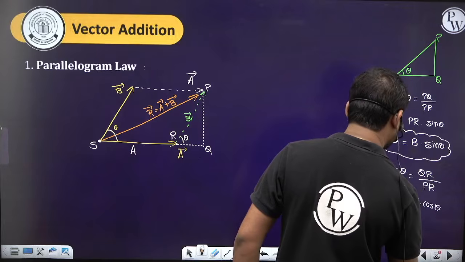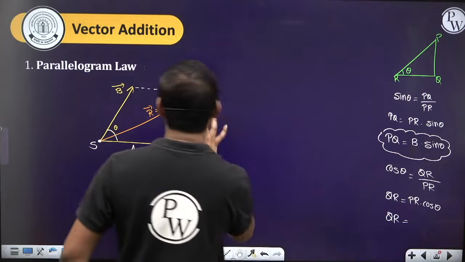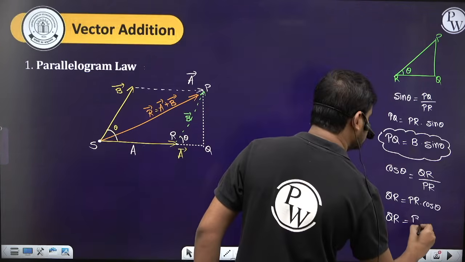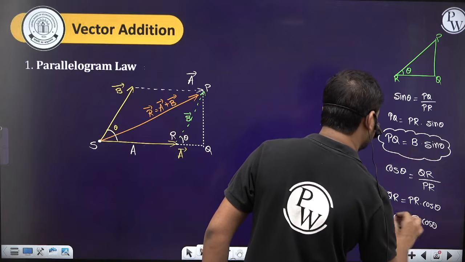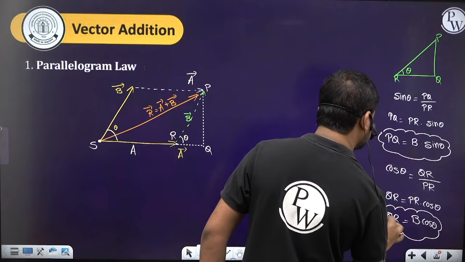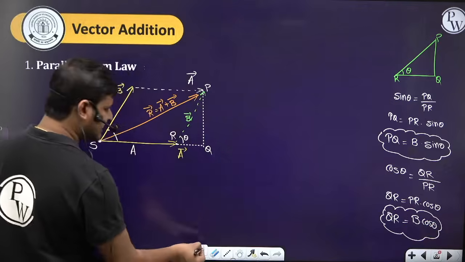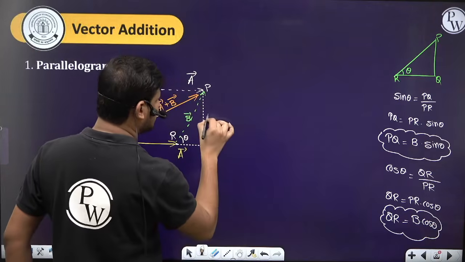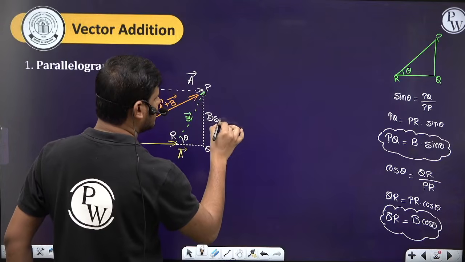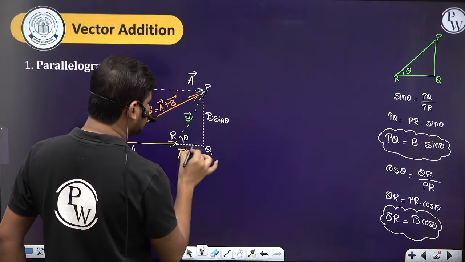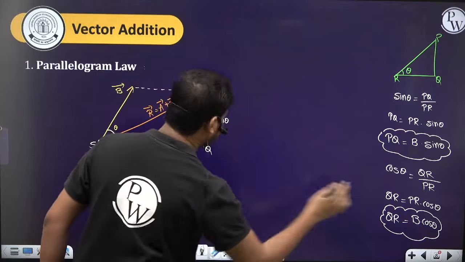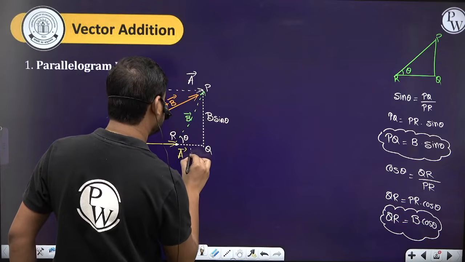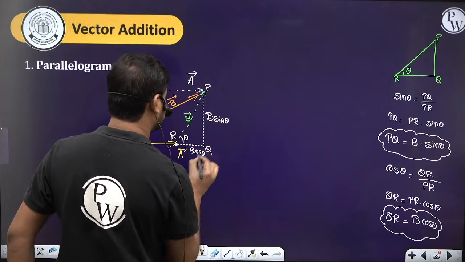PR is nothing but the magnitude of B, so QR is equal to B cos theta. So this is QR. Now see here carefully, this PQ is nothing but B sin theta, and this QR is nothing but B cos theta.